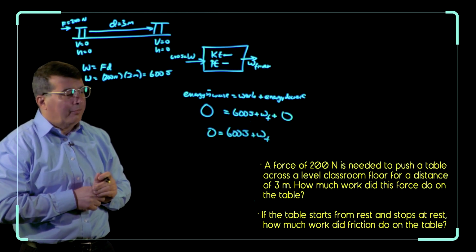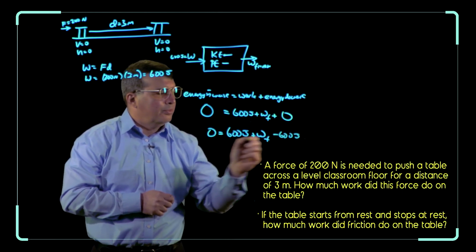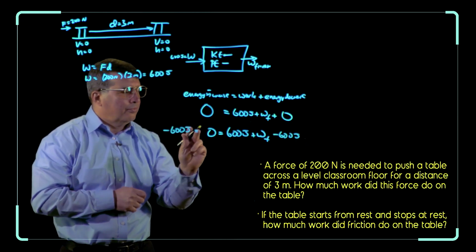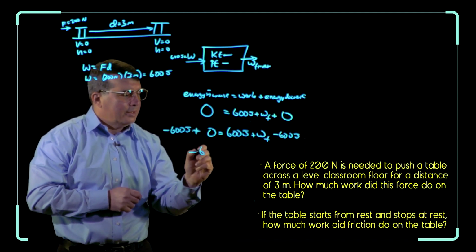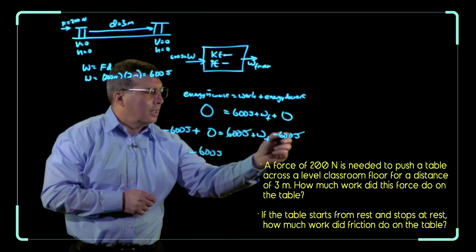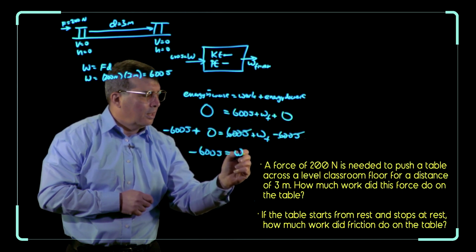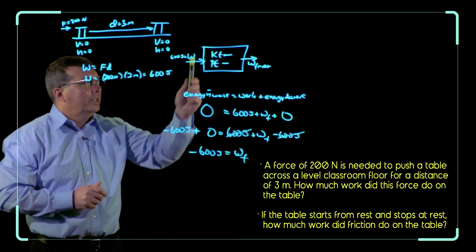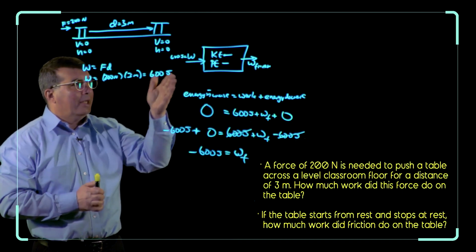We want to get the work done by friction by itself, so I'll subtract 600 joules from this side and 600 joules from that side. Sorry, it's a plus. So minus 600 joules, those cancel out, is equal to the work done by friction.